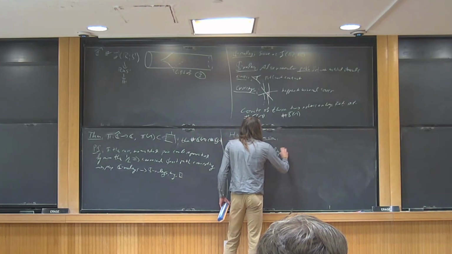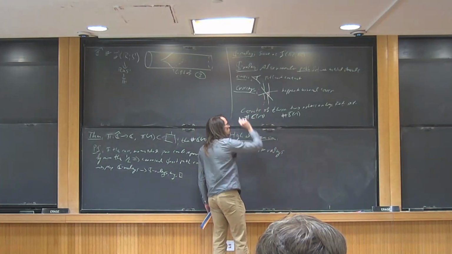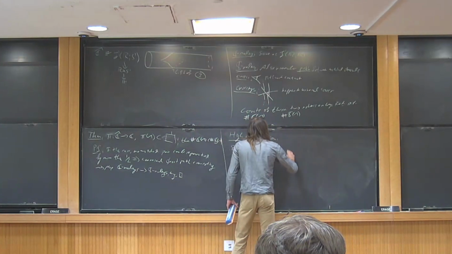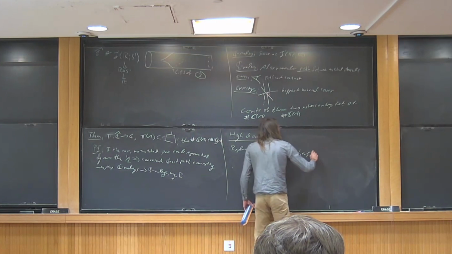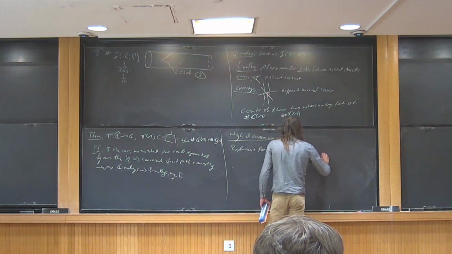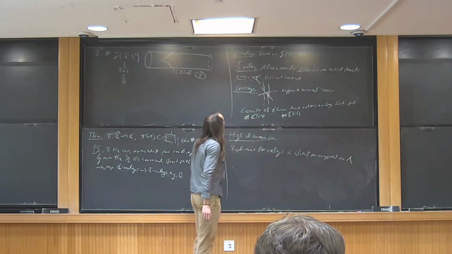Maybe I'll tell you what that is. So it turns out that the right invariant, in some sense, the right thing to replace a ruling by, is a sheaf micro-supported on lambda.